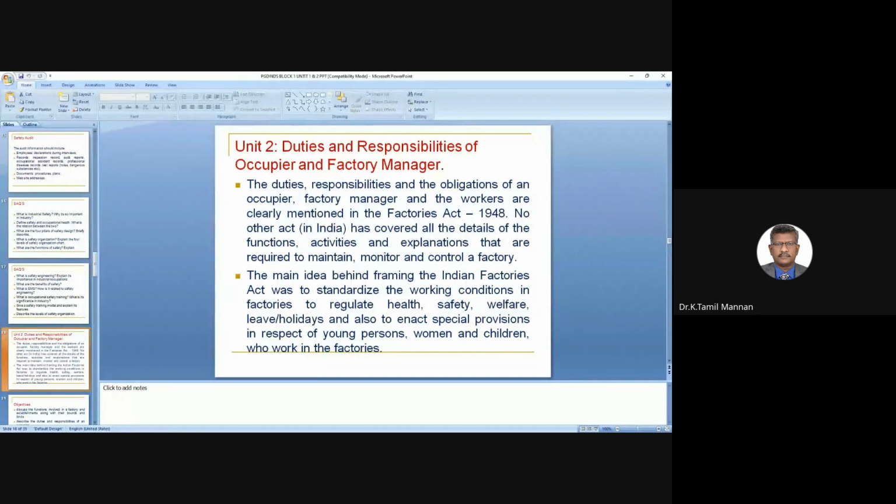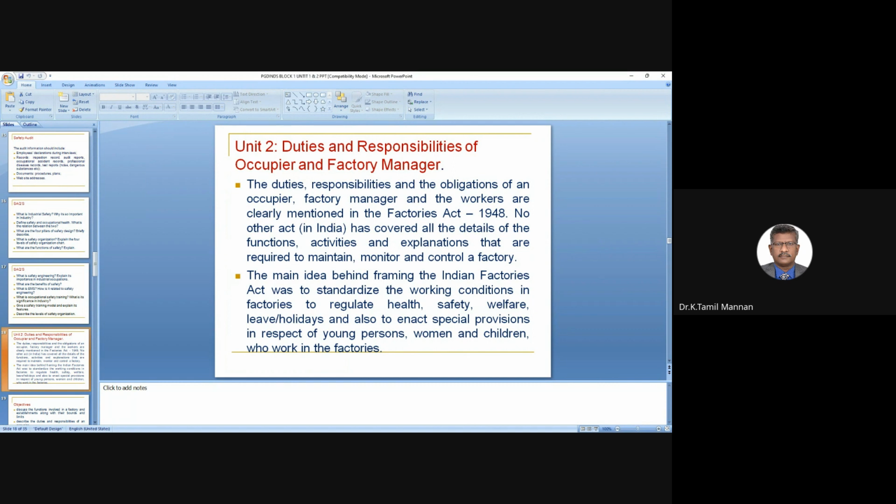The duty, responsibility, and obligation of the occupier, factory manager, and workers, that is, the owners, managers, and workers, all three have responsibilities according to the Factory Act 1948. This is clearly mentioned in the Factory Act 1948.